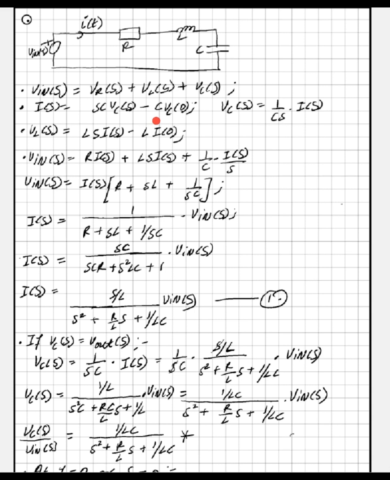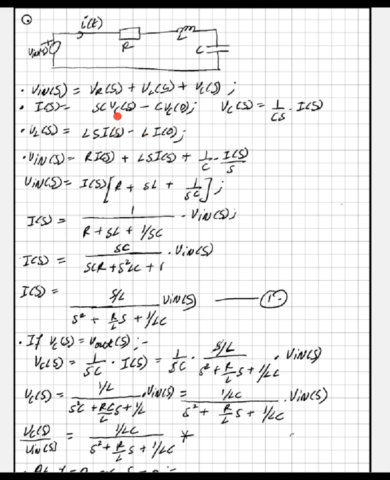For now, we'll assume that this is zero for the rest of this analysis. Using this equation, we can find the voltage across the capacitor, which is 1 over Cs times the current. Similarly, the voltage across the inductor is Ls I(s) minus the initial condition, which we'll also ignore.